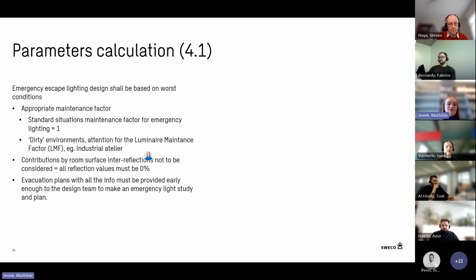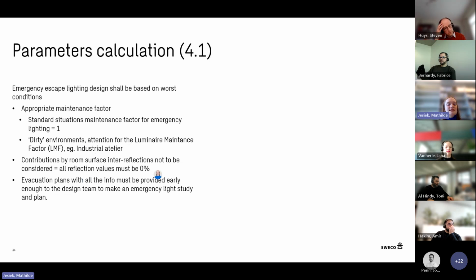And then this is more if we do a lighting study, we will now put, because there was also sometimes discussion on this, the maintenance factor for standard situation will be put on 1 for emergency lighting studies. If you have a very dirty environment like industrial ateliers with a lot of dust, etc., it's recommended to have a lower maintenance factor because the dirt of dust will also impact your emergency lighting.